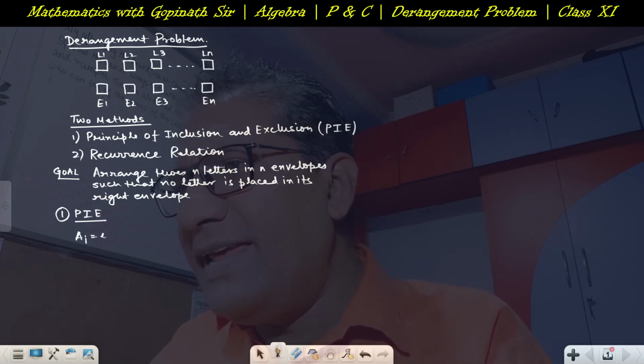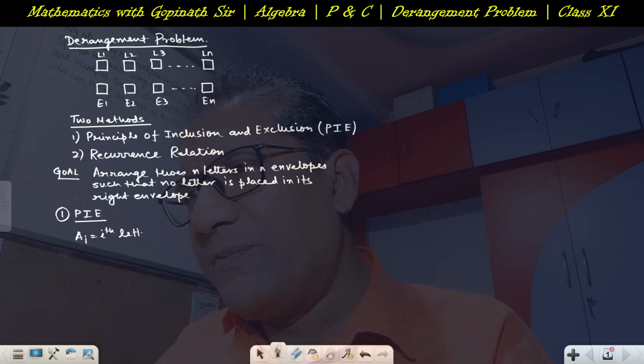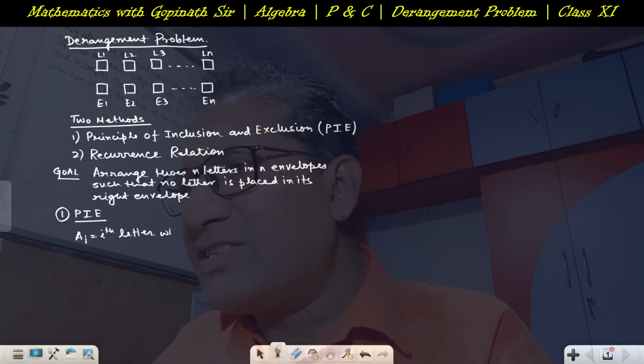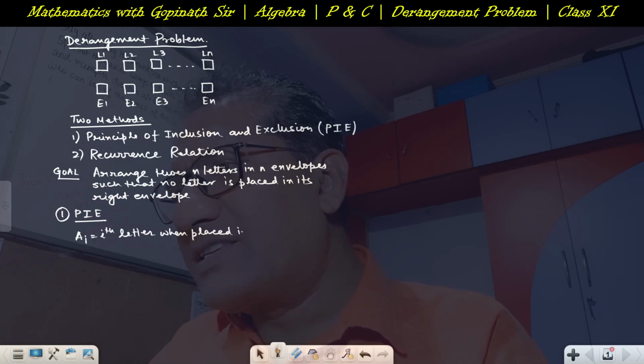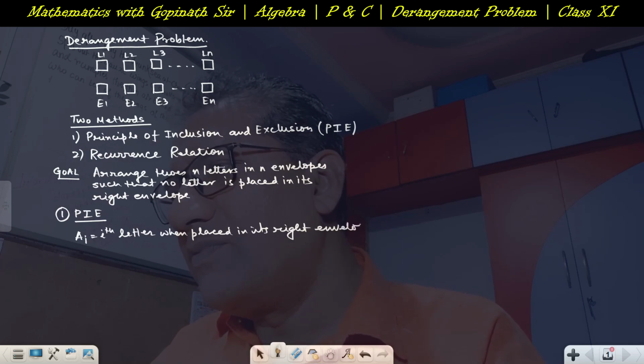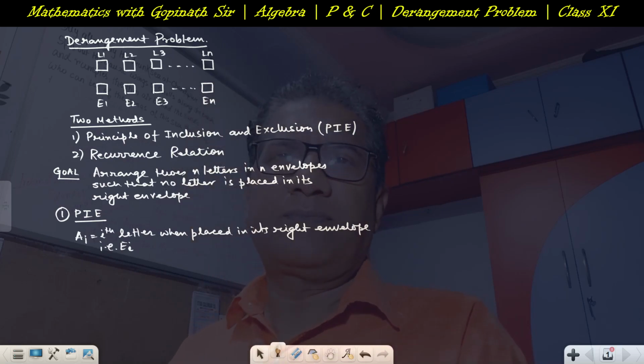It is basically the ith letter placed in its right envelope, that is, in the envelope Ei.